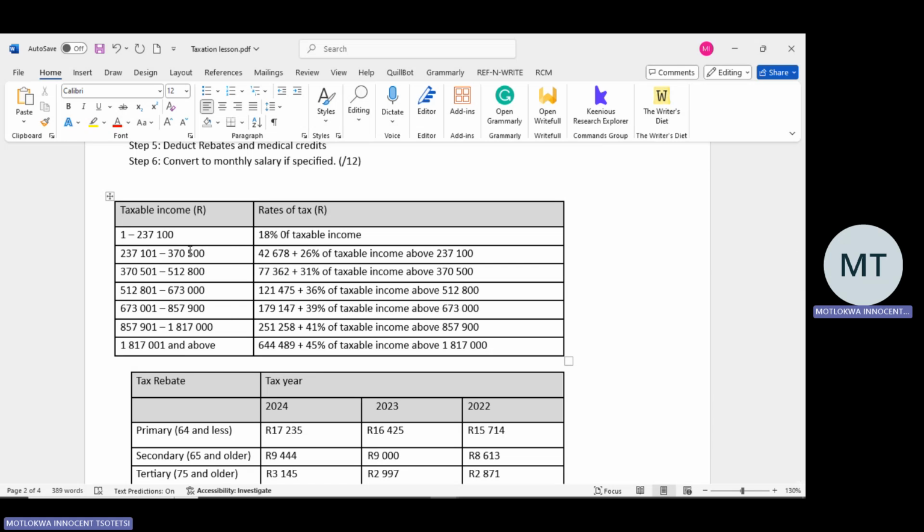The numbers on the left hand side represent the minimum amounts, and the numbers on the right hand side represent the maximum amounts. Mr. Johnson doesn't qualify for tax bracket number 1 because those amounts are less than the money that we have.